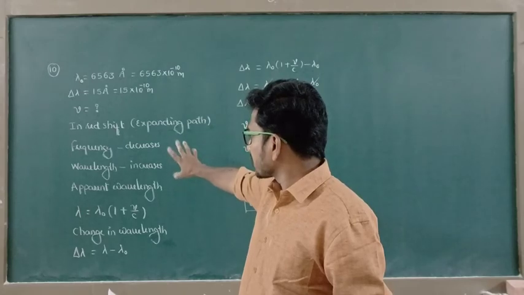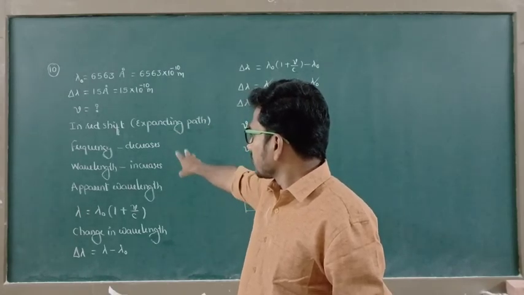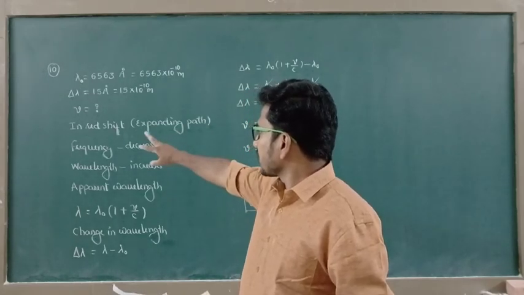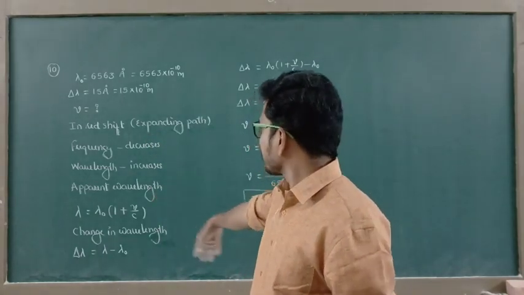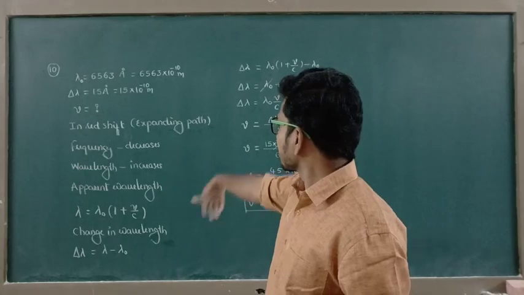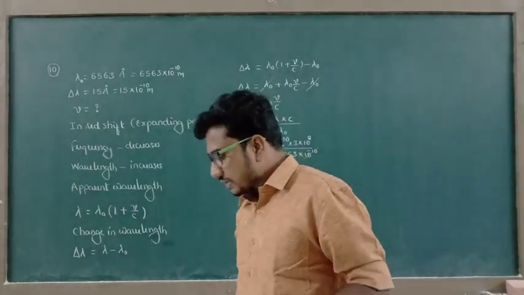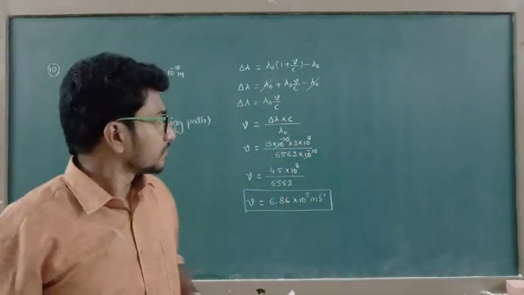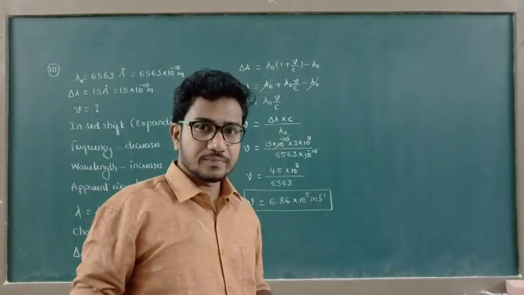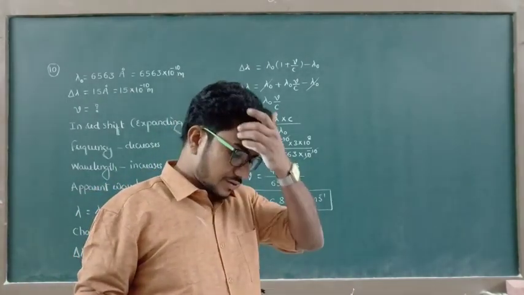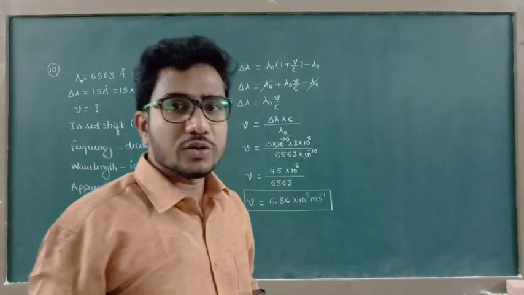Only for your understanding purpose I am going to write here. You just write in a redshift, apparent wavelength, and start from this step. So this is usually asked for 3 marks. Okay. So in the next class we shall see few more numericals.